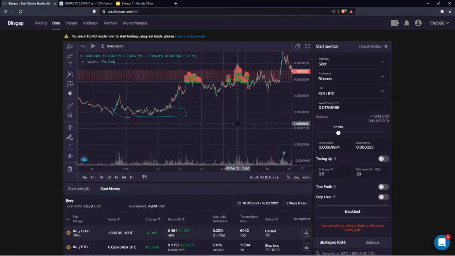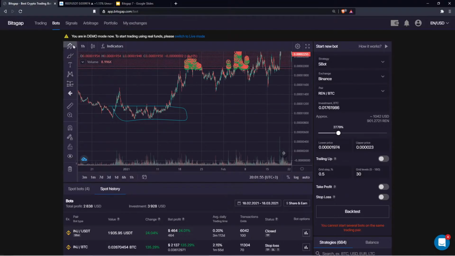Let's see what else we have. Speaking of the futures bots, yes, they are about to be released. We are currently in the beta phase. That means that we have a team which is right now testing futures to see if there are some errors or whatsoever, because it's not possible for us to release an absolutely raw product.